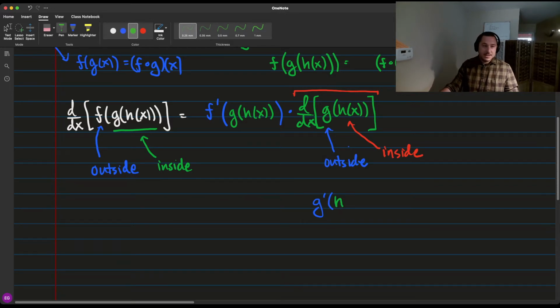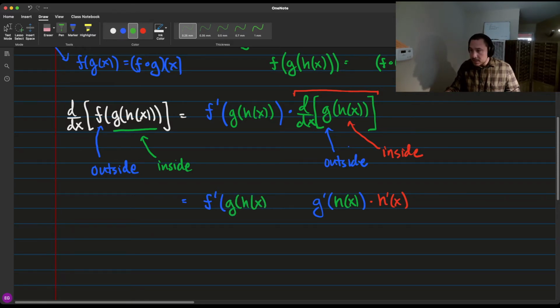You leave the inside function h, and then you multiply by the derivative of the inside function, which is h prime. And then we need to recopy our original work, our f prime of g of h of x, multiplied by this stuff.